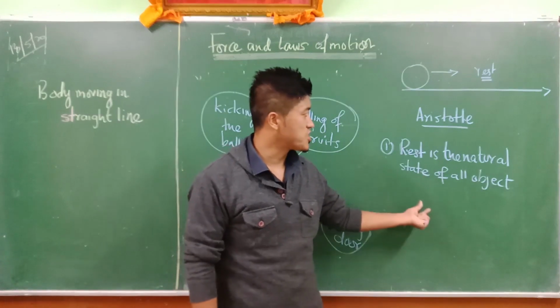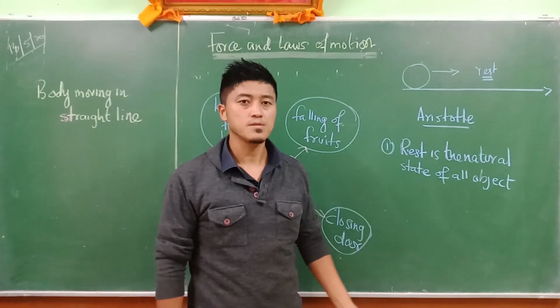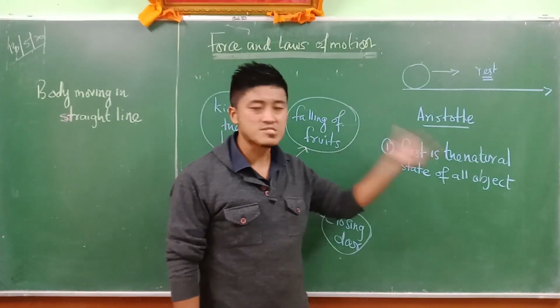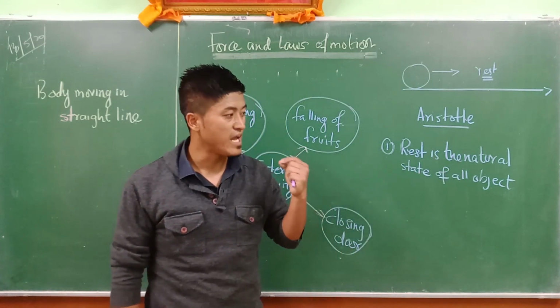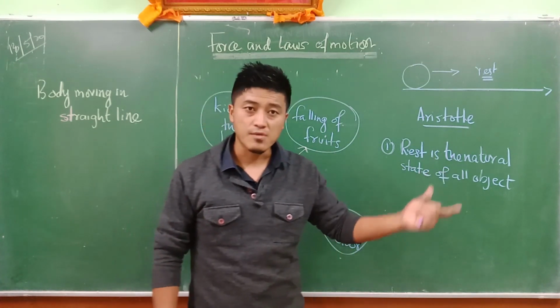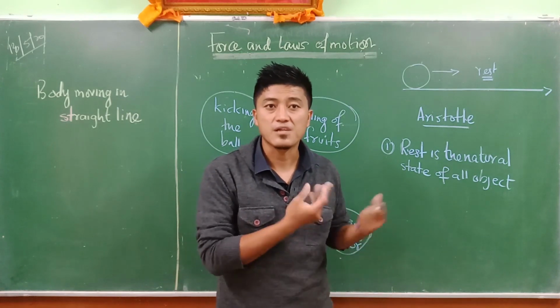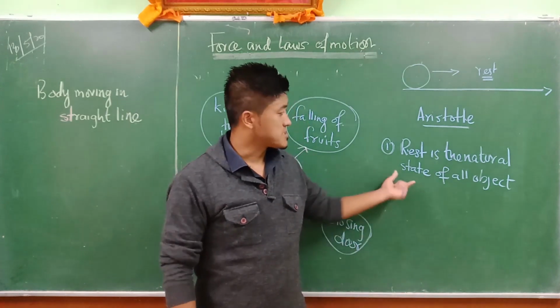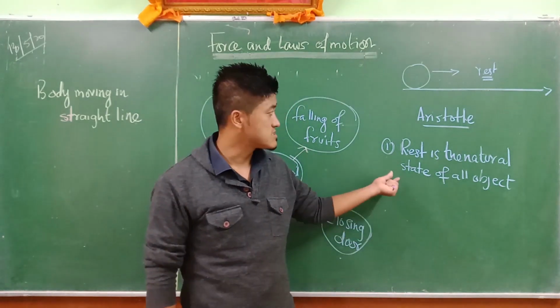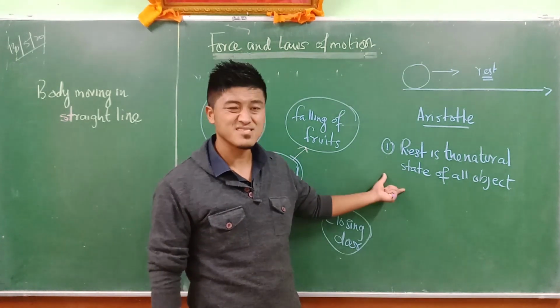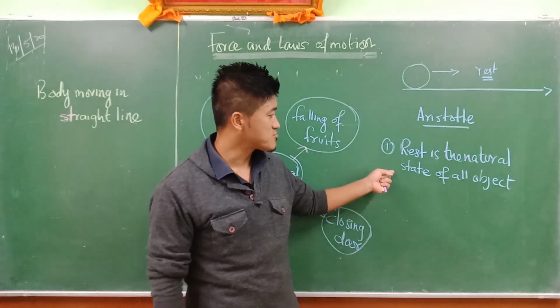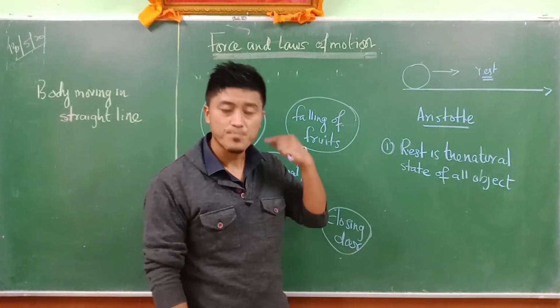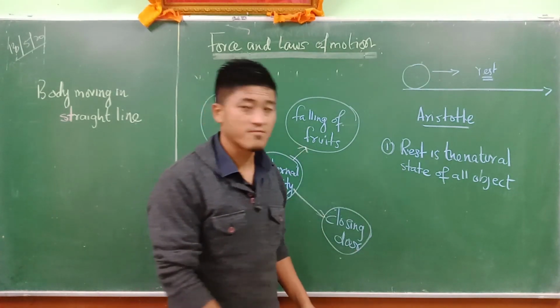Rest is the natural state of all objects. For example, if we leave a ball outside, or a table outside, and we do not influence them with any external activities, then this object is going to stay at rest. You might think this is a very simple thing, but this was first made out by Aristotle himself, right?